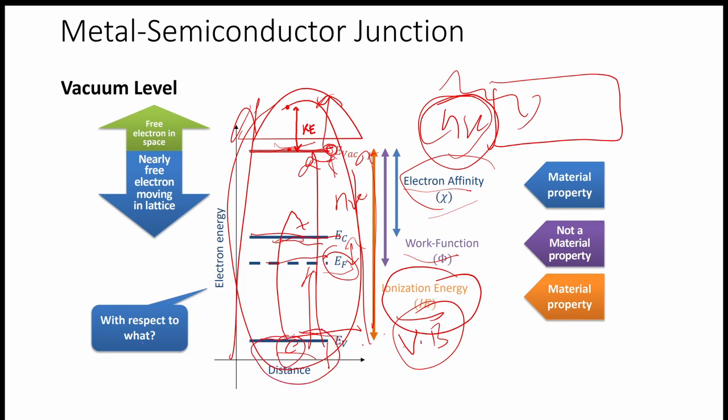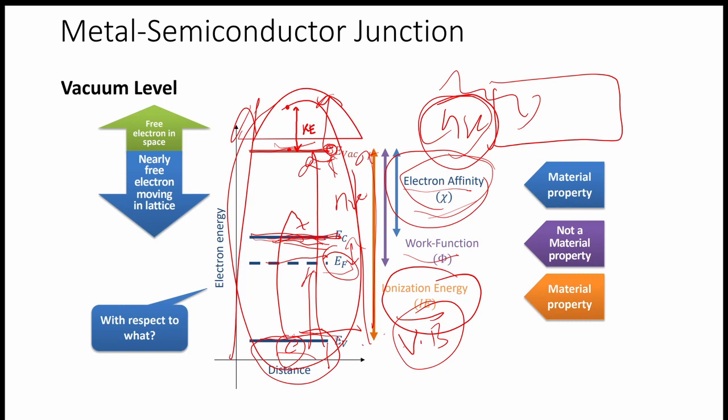The empty energy states are at the conduction band, so whatever electrons we give from outside will first go to the conduction band. This is the energy released by the system when we give an electron, known as the electron affinity.